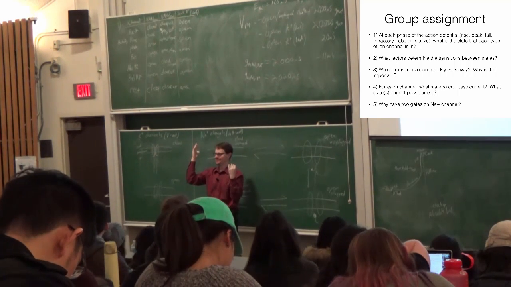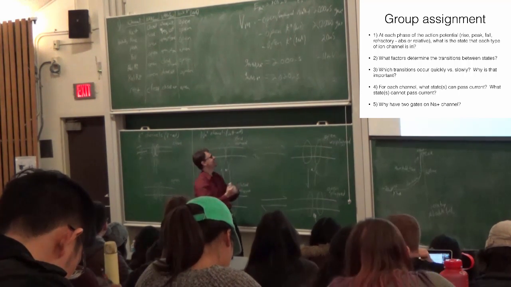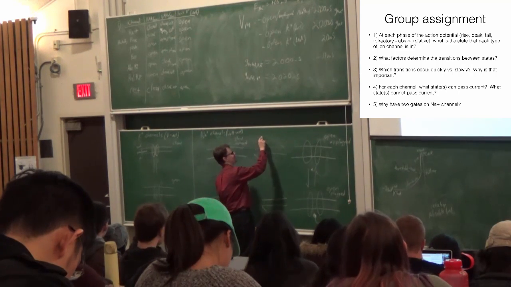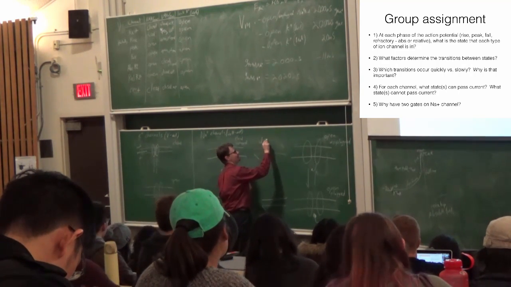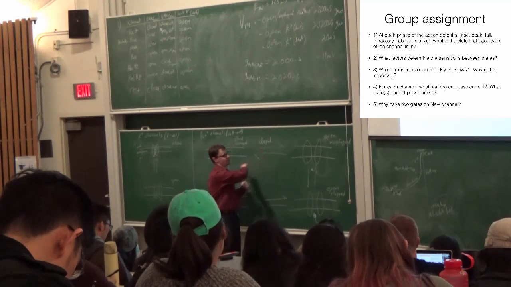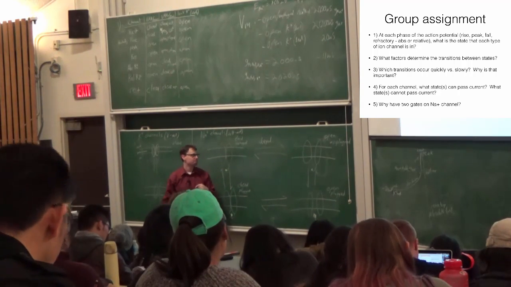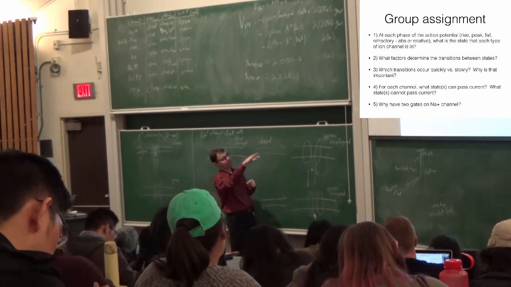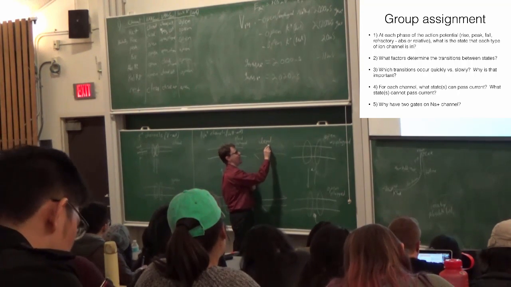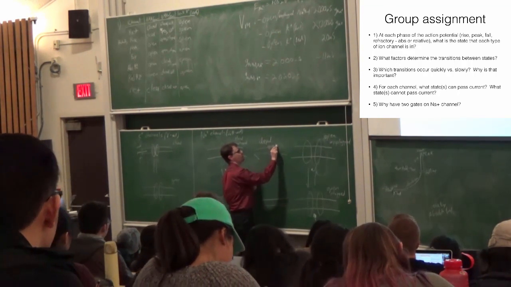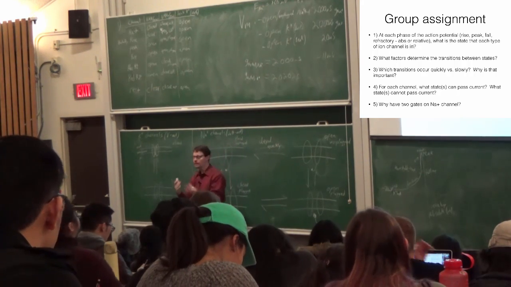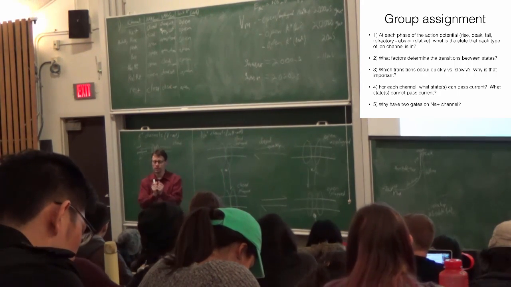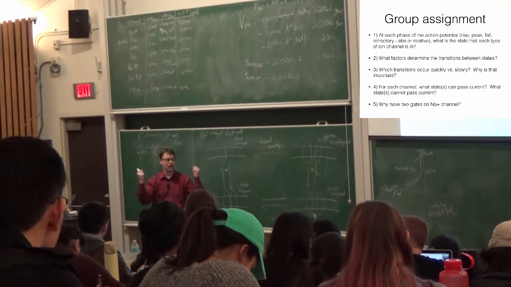What's their name? Voltage, right. Depolarization. So depolarization is what causes this transition this way. And also getting into number 3, this transition happens very quickly. Within less than a millisecond of getting to threshold, these channels quickly open up.